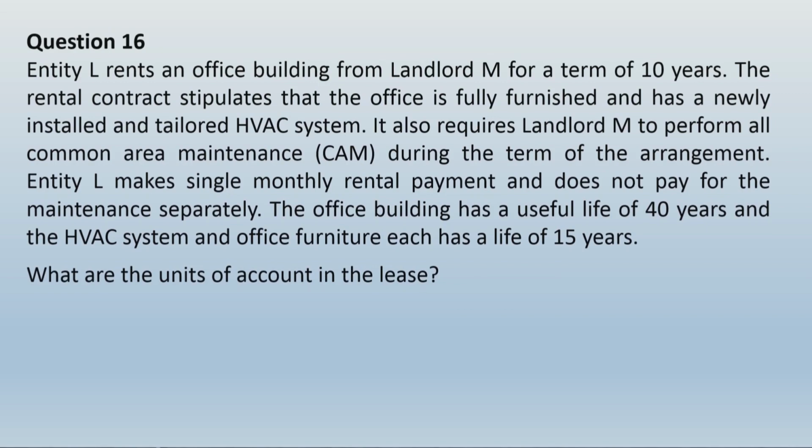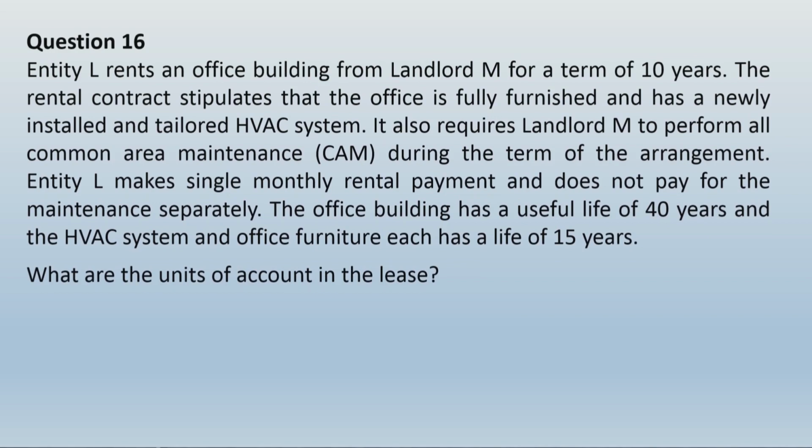Entity L makes a single monthly rental payment and does not pay for maintenance separately. The office building has a useful life of 40 years and HVAC system and office furniture each has a life of 15 years. What are the units of account in the lease?